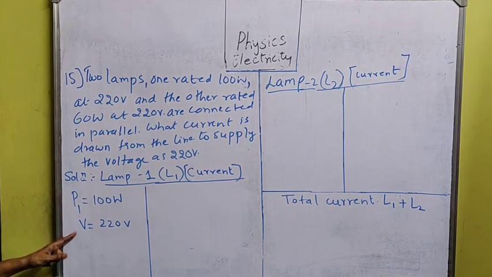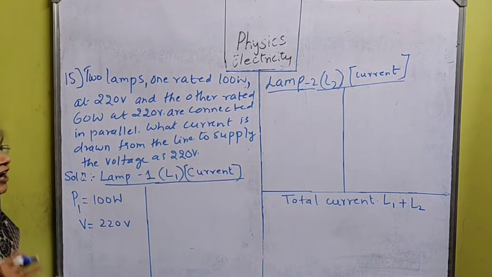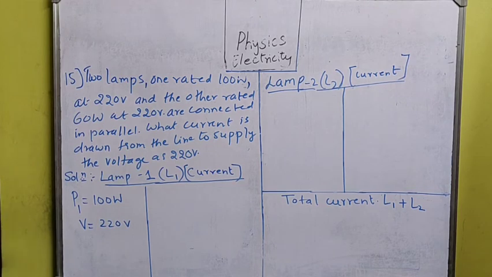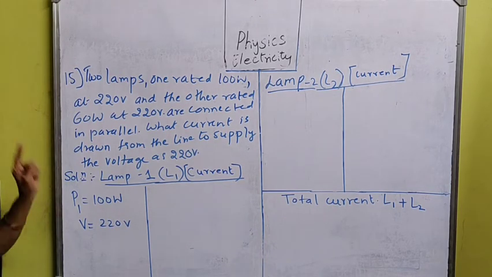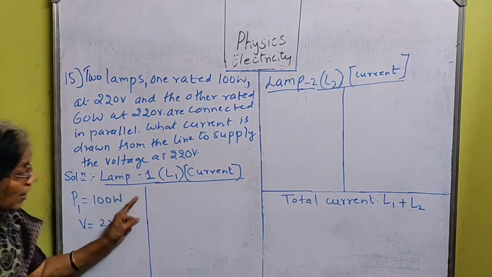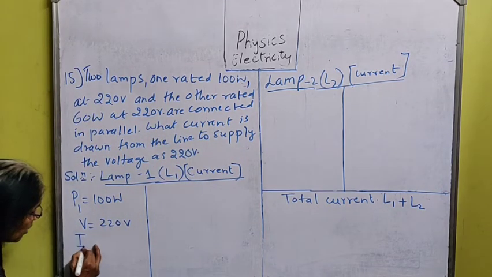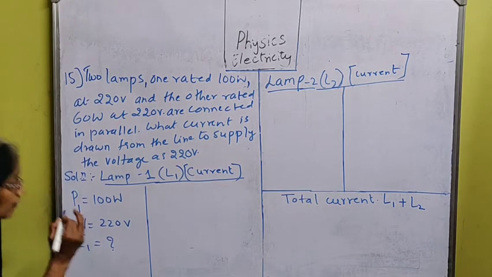Power and voltage are connected to each other, so we can find out the current. I1 is the current for lamp 1 and I2 is the current for lamp 2. So we have to find out what I1 is equal to.